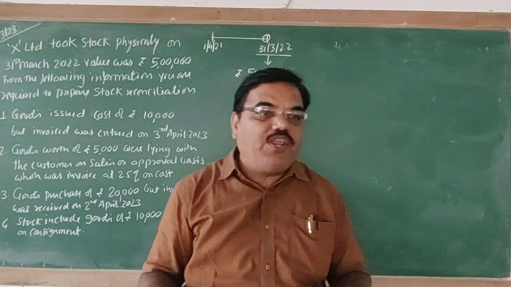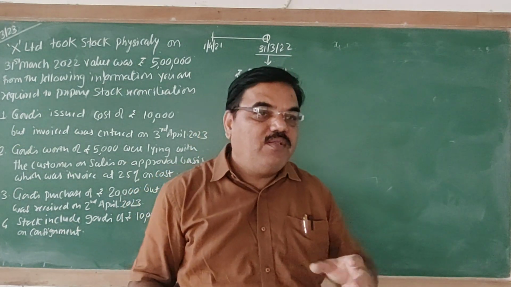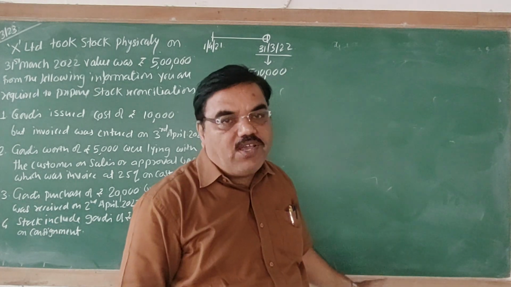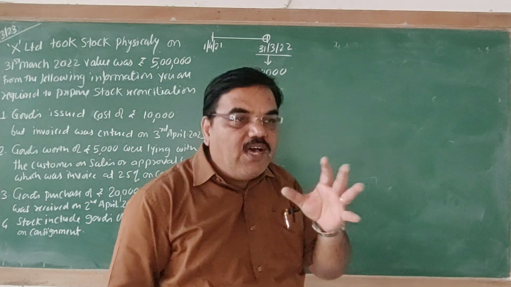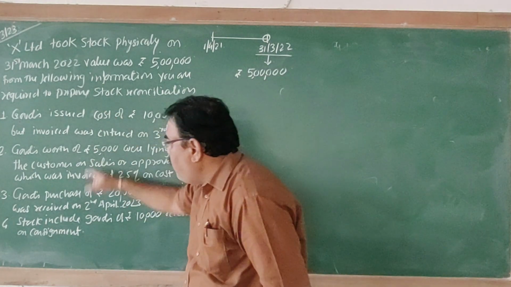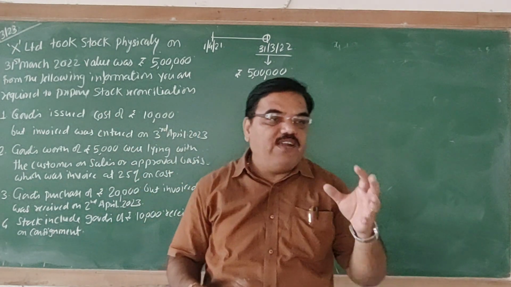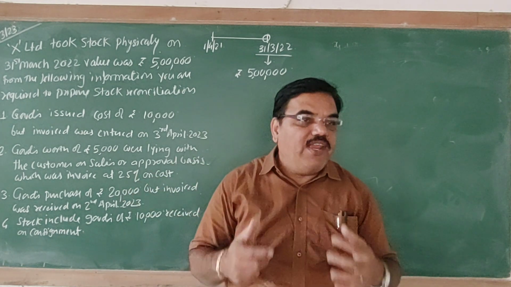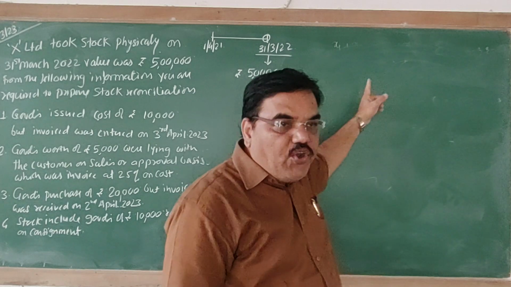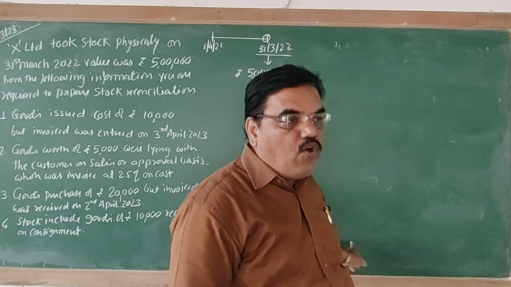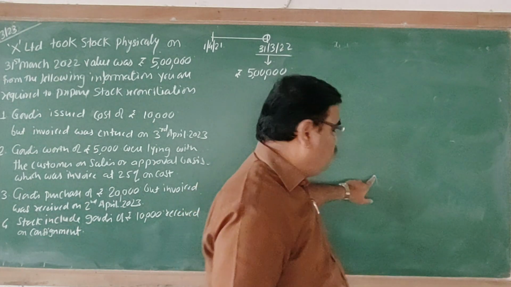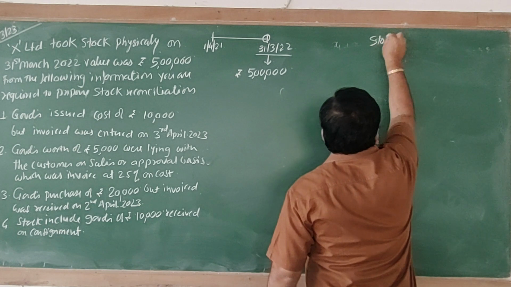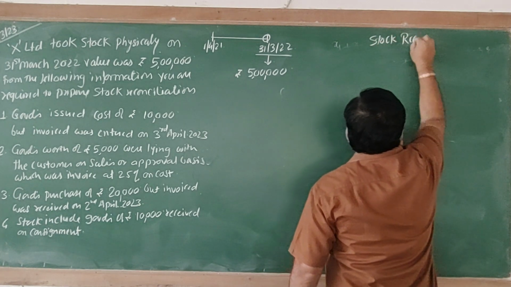Now the format of the stock reconciliation statement is very simple. Just like your bank reconciliation statement, we have to prepare a stock reconciliation statement. Here we are going to discuss all four adjustments, whether we have to add or deduct them. So first of all I will draw the format of stock reconciliation.